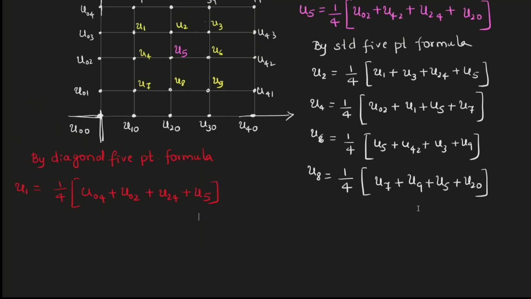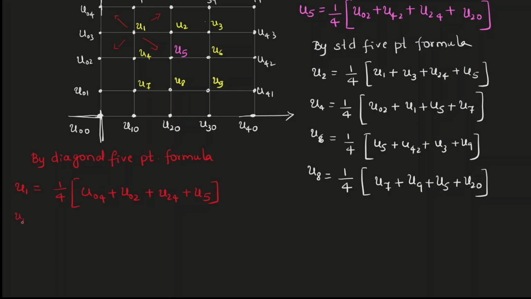For U1, sorry, diagonal elements, we are going to find U1: U04, then U02, this one, this, and this. U04, U02, U24 and U5.